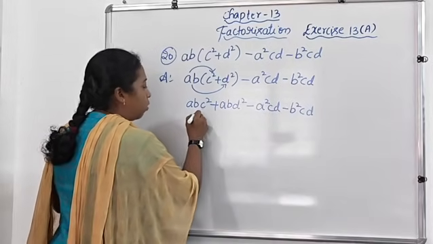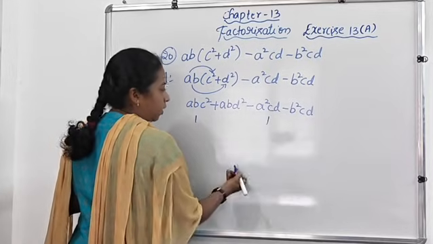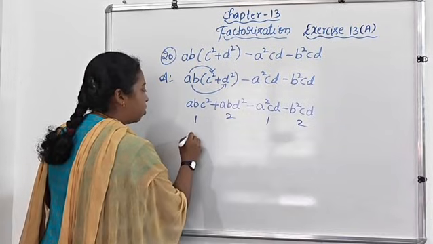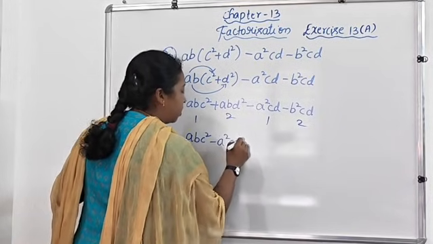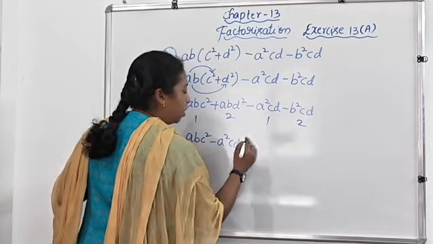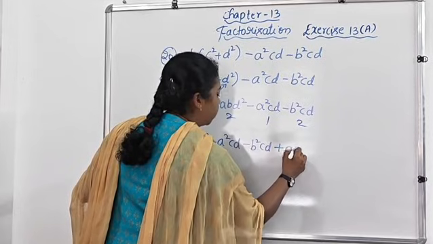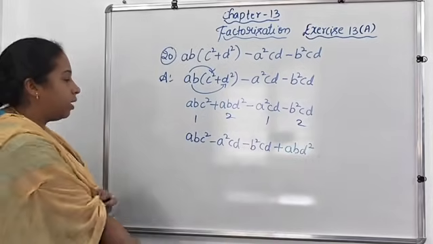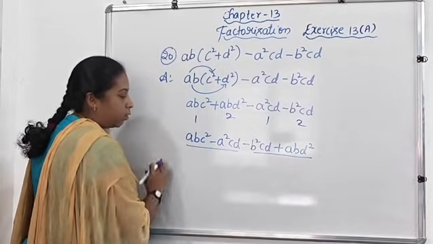So I'm going to alter 1 1 2 2, right? So abc square minus a square cd, then first we'll take this one minus b square cd, then plus abd square. Okay, then group it, so pairing it and take out a common.